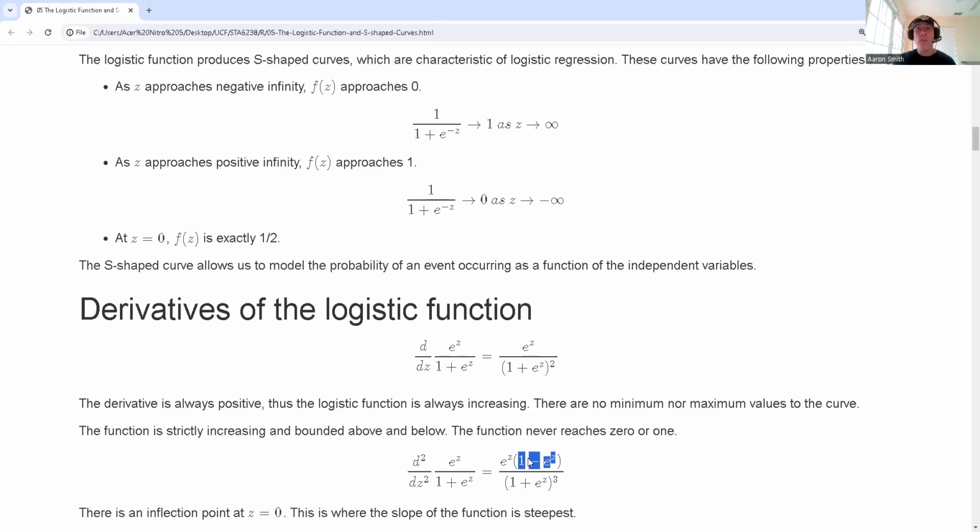This determines if the second derivative is positive or negative. So we can see that it will be concave up to the left, and concave down to the right. And if I plug in 0, I get exactly 0 here, so we know that we have an inflection point there.